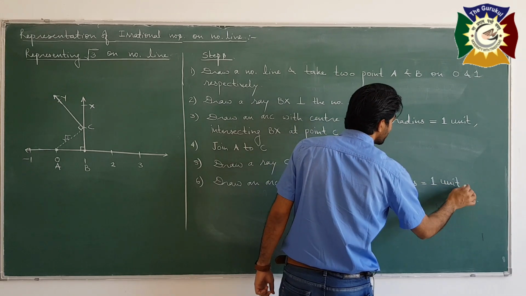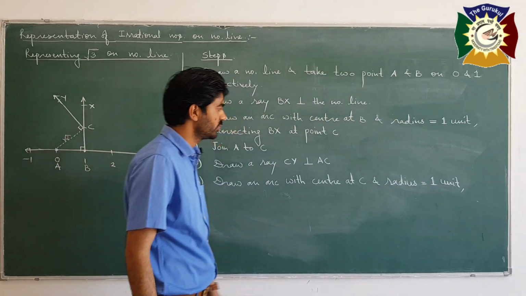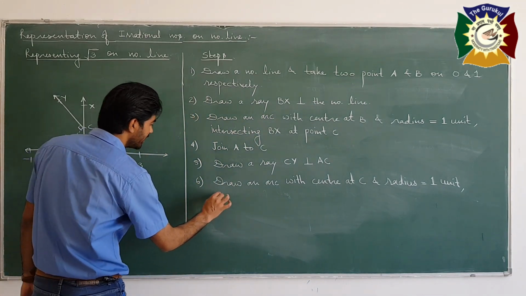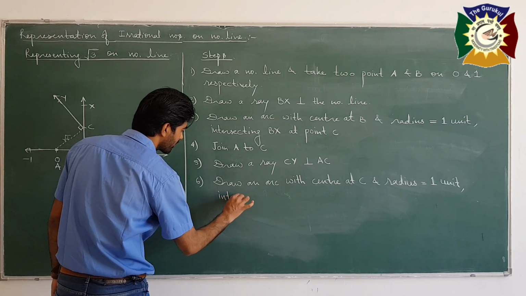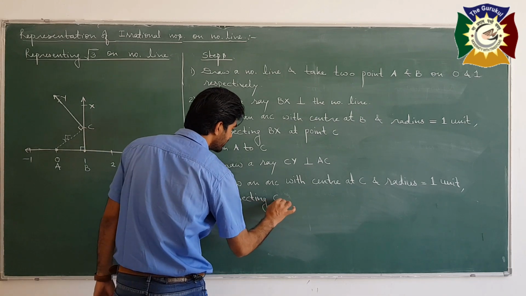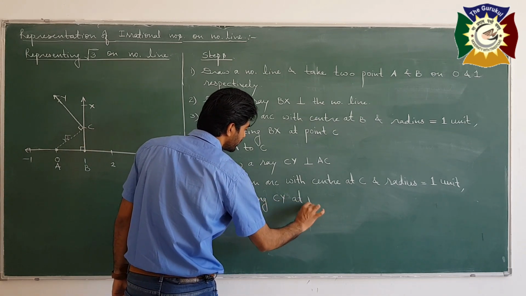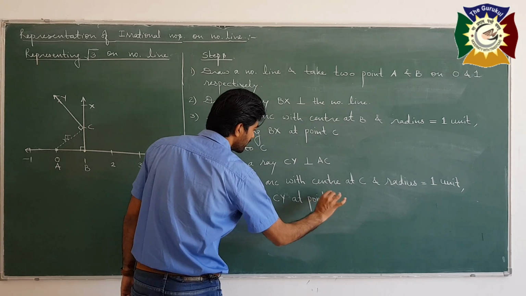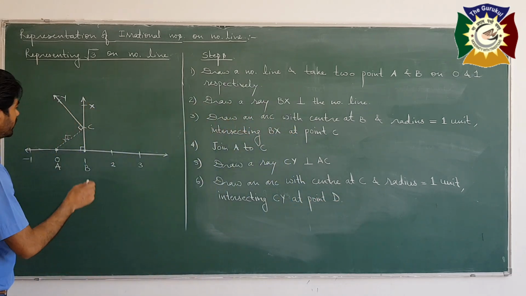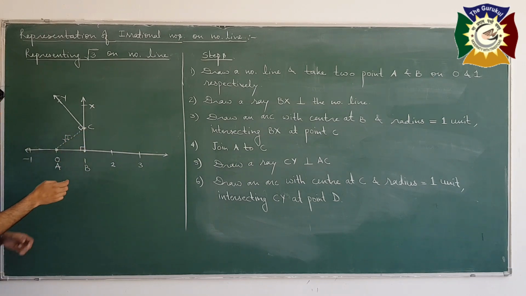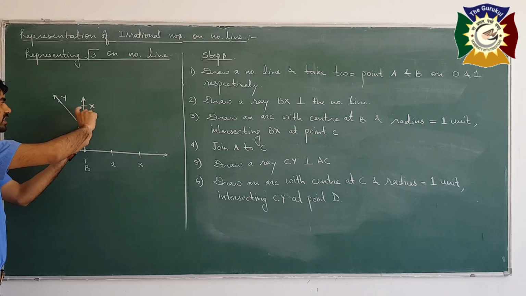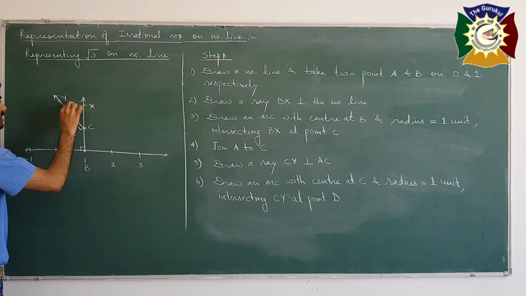Radius means how much the compass is to be opened. Intersecting CY at point, let it be D. We put the compass on C, open it up to 1 unit, and cut again. So this point is D.